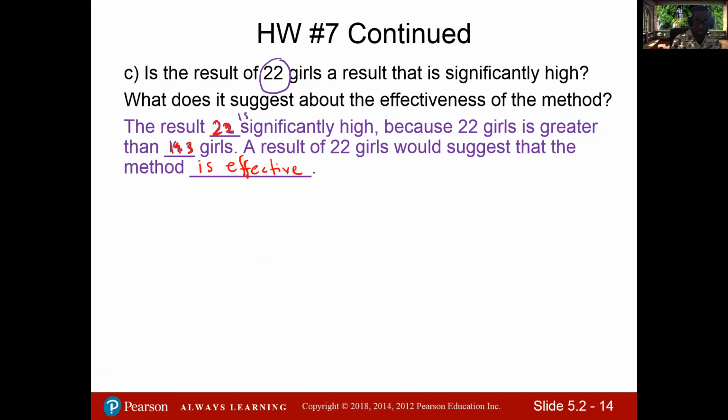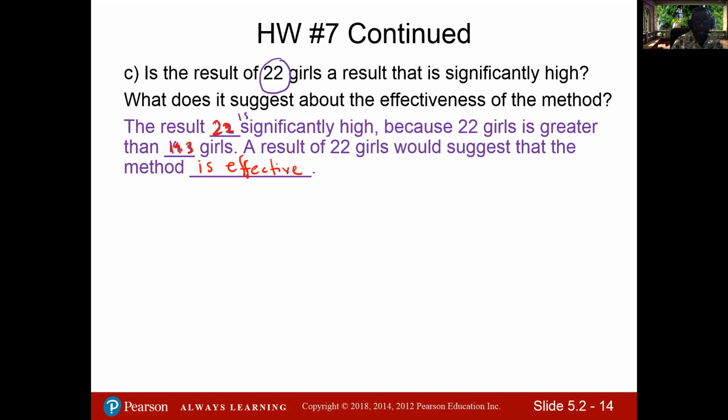All right, because out of 28, you have 22 of them that resulted in baby girls, then we say that the method is effective, and the 22 is significantly high.